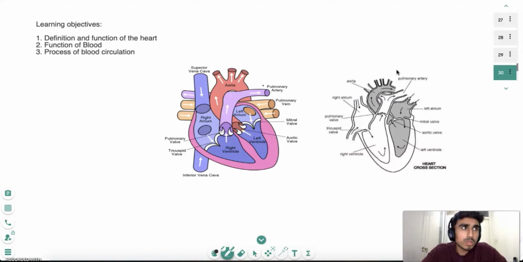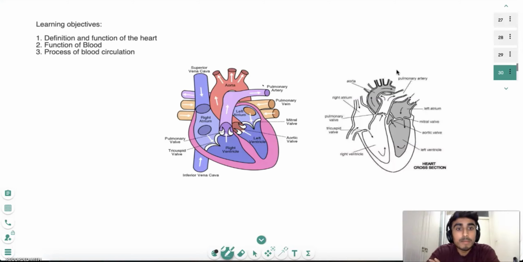So we know the heart is important, but why is it important? It's important because it pumps blood around the body. So if that makes it important, then blood must be extremely important for humans as well. Okay, so that leads us on to the second learning objective, which is the function of blood.